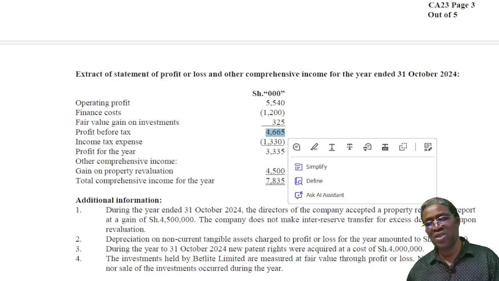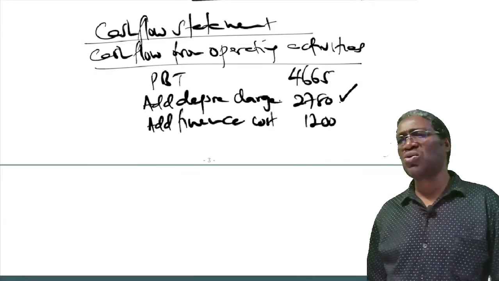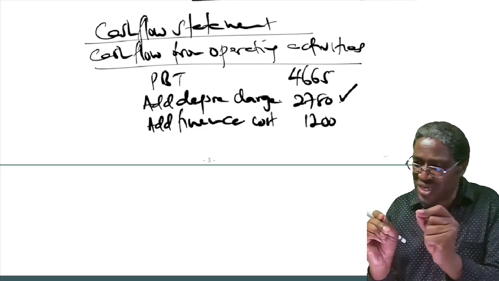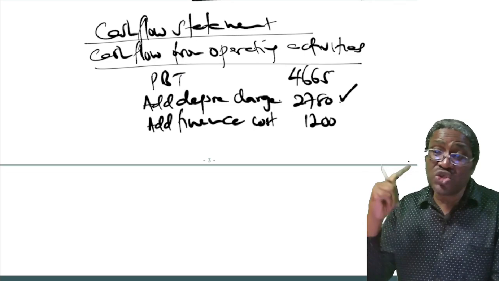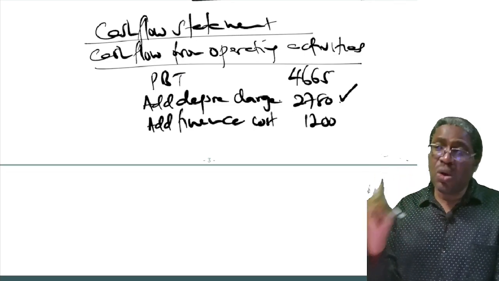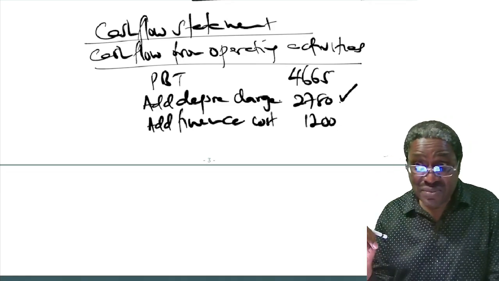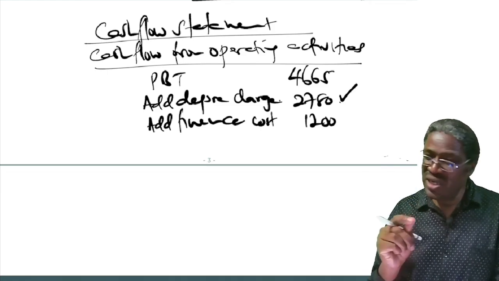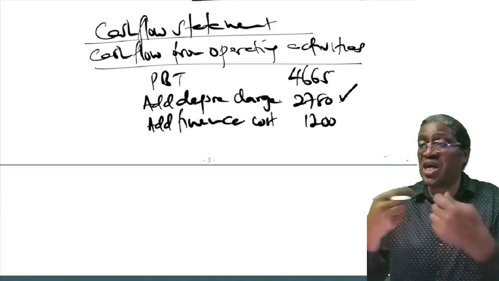You remember, when we were analyzing the account of investment, there was a gain on revaluation, which the question told us that the investments are measured at fair value through P&L. So that 325 gain on revaluation of investment, it's not something we received by cash.